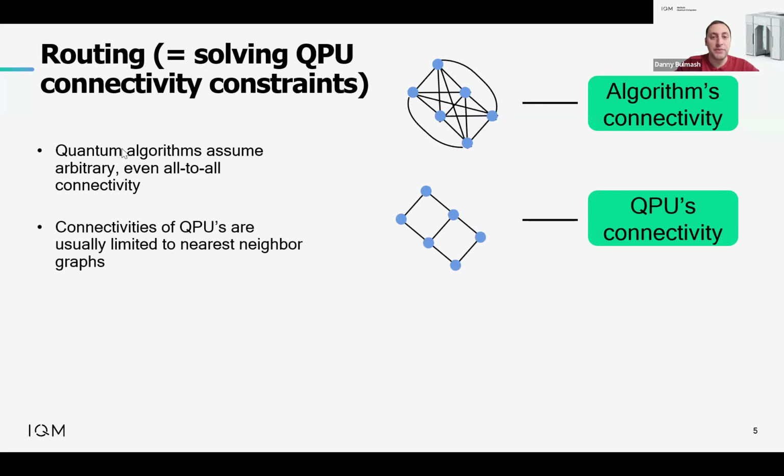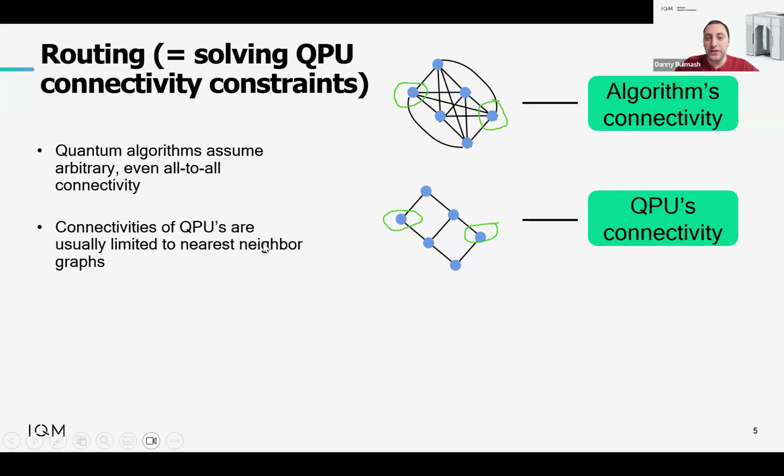So in particular, if we wanted to apply some sort of gate between a qubit here and a qubit here, maybe say a CNOT gate, there's no direct way in which those two qubits can talk to each other on Garnet or on Emerald, because the qubits only talk to their neighbors directly. These lines represent which qubits are connected by a coupler on the physical hardware.